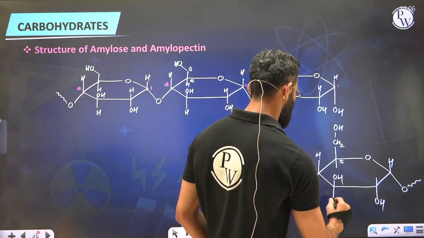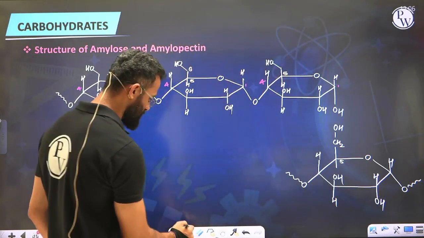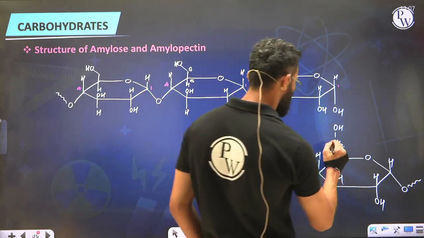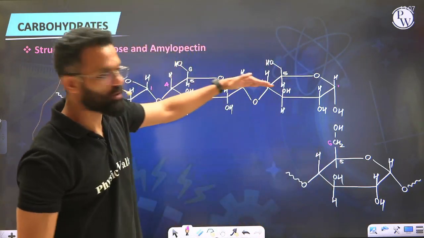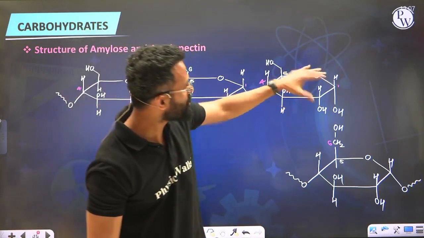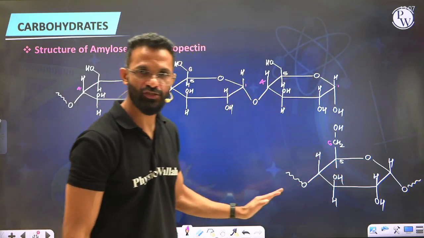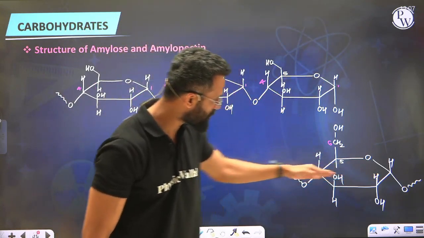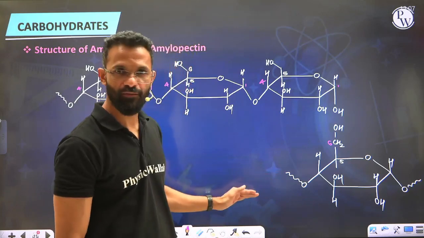Rest of the valencies, I'm just putting H's. Okay, now guys understand. This is carbon number 6. So this was amylose, a linear polymeric chain, let's say. And this is the terminal of that linear polymeric chain. There is likewise one more amylose, let's assume, one more linear polymeric chain of amylose like that. I have shown continuation. I'm not drawing the structure of the monosaccharide every time.